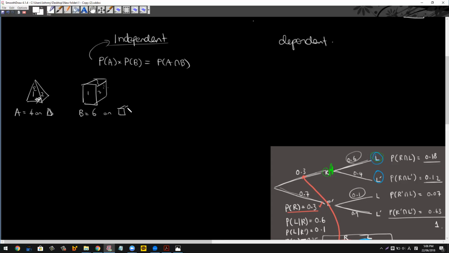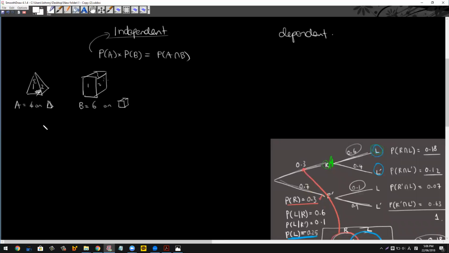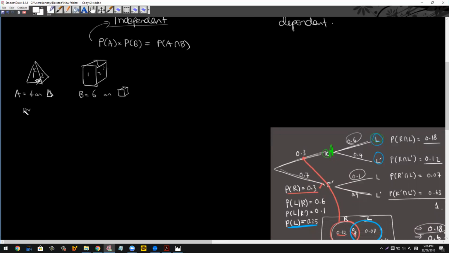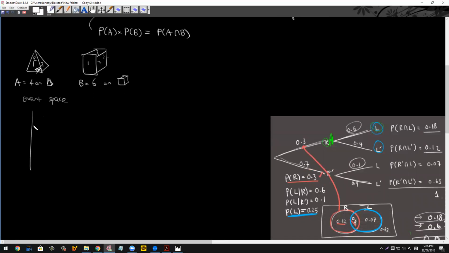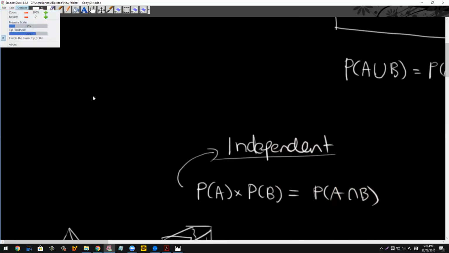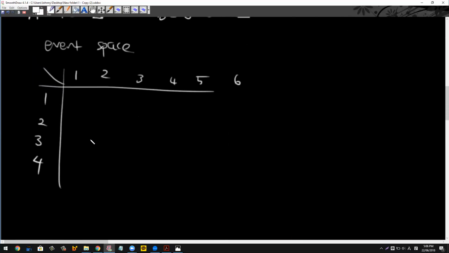So if I draw what's called an event space, then you can have 1, 2, 3, 4 for this one, and 1, 2, 3, 4, 5, 6 for this one. I'm just going to zoom in a little bit so I can get a bigger picture.